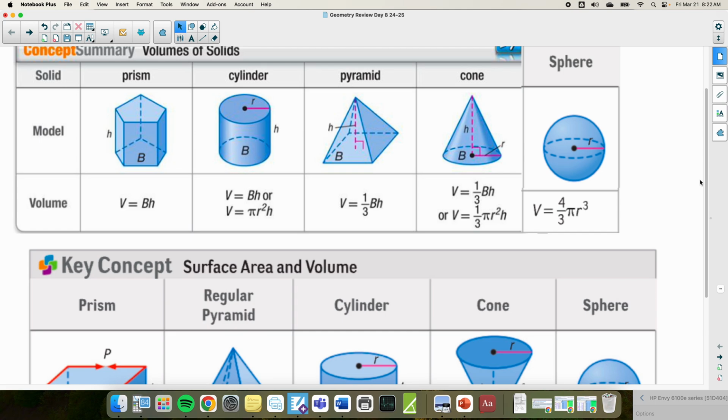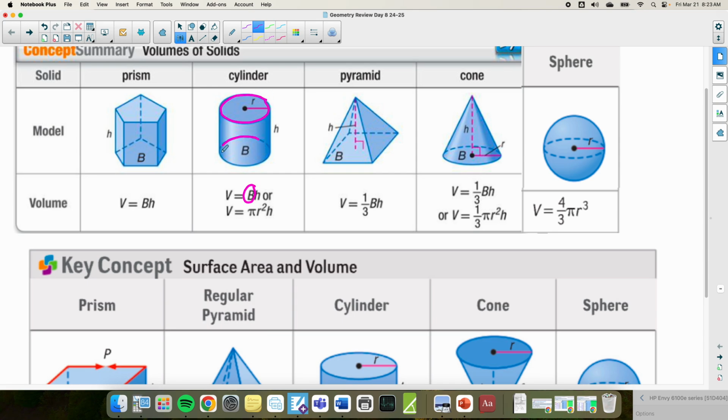Then I have a cylinder, and here's the deal. If something is either a rectangular prism or a cylinder, your volume is gonna be capital B times H, which means area of the base times H. The area of the base right here would be the area of the circle.